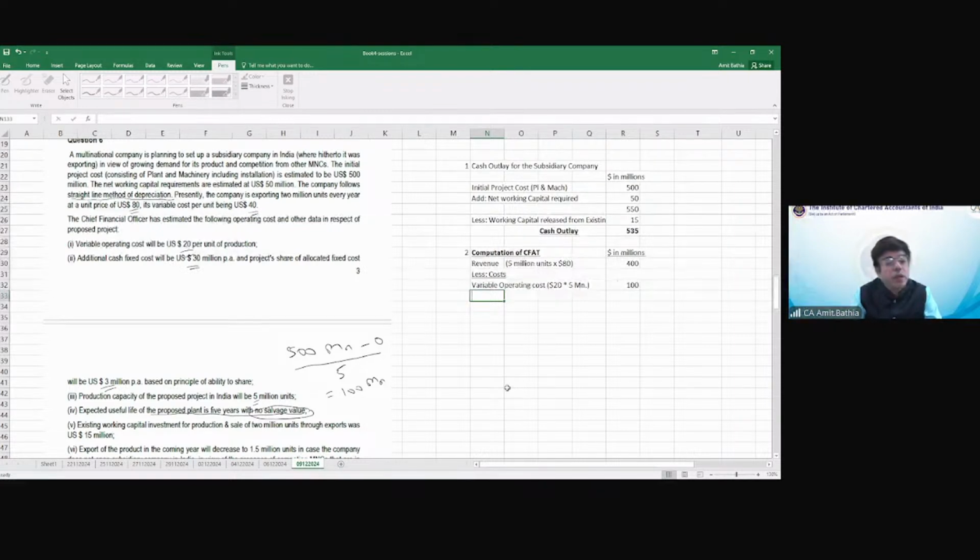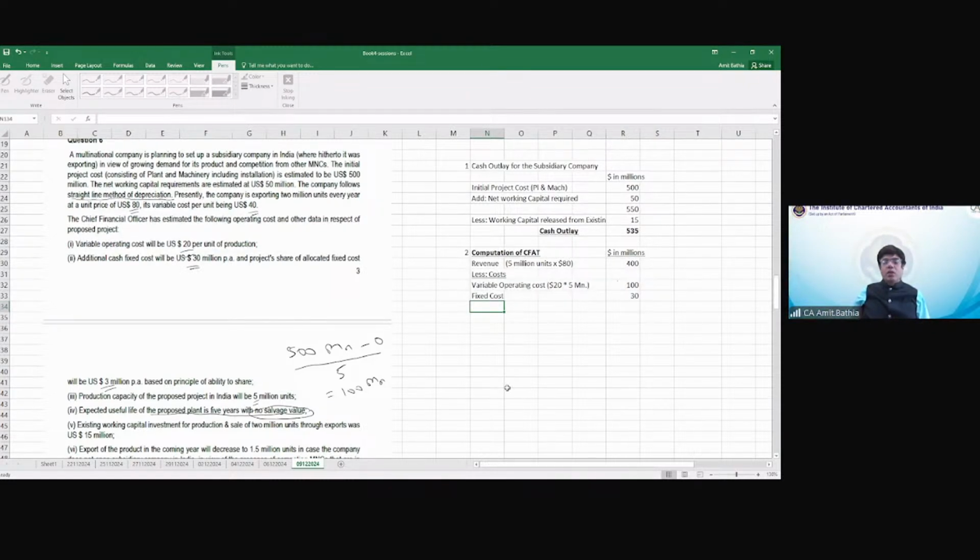Further, you also have fixed cost, that is US dollar 30 million. This is the given information. Further, you are told the project's share of allocated fixed cost will be US dollar 3 million per annum, based on the principle of ability to share.